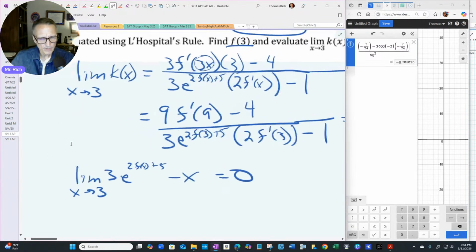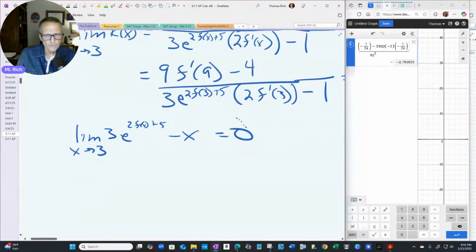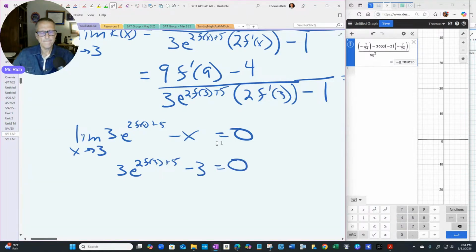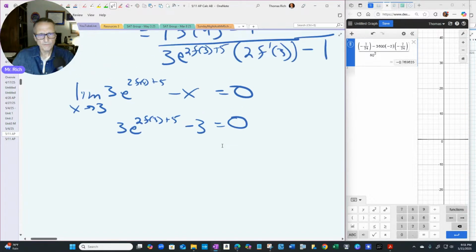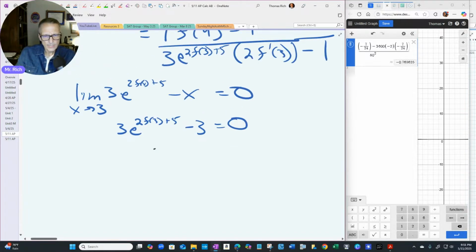Yeah, because what would happen here, when we plug 3 in, we get 3 times e to the 2 times f of 3 plus 5 minus 3 equals 0, like that. And then if we solve this for f of 3, we move the 3 over and divide by 3. So we get e raised to the 2 f of 3 plus 5 is equal to 1, like that.